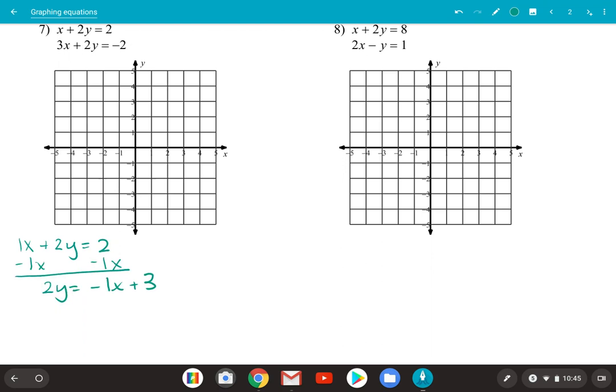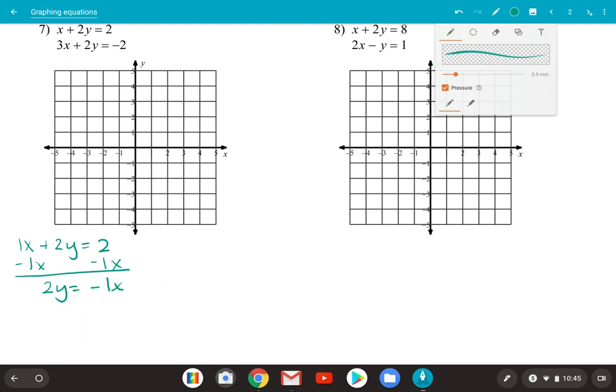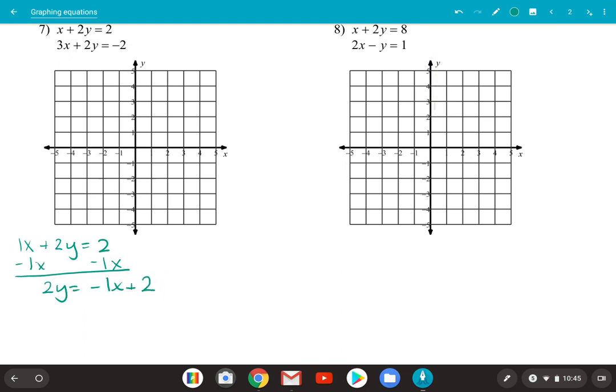Oops. And of course, I decided to add them for some reason because I was talking about it. Plus 2. Now divide everything by 2. Y equals -1/2 x plus 1.